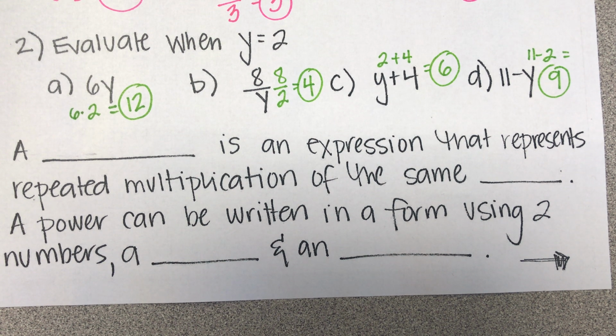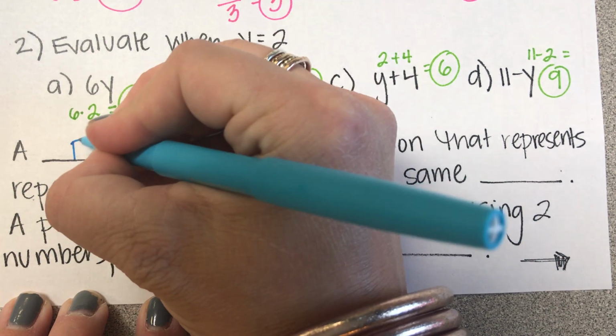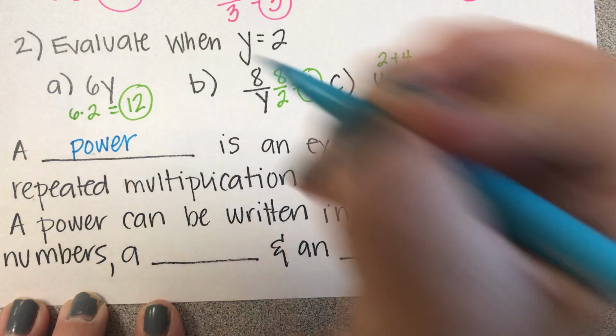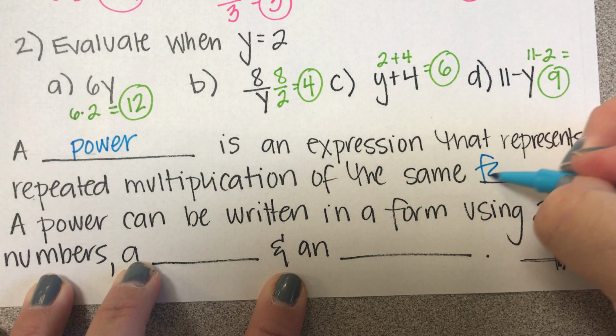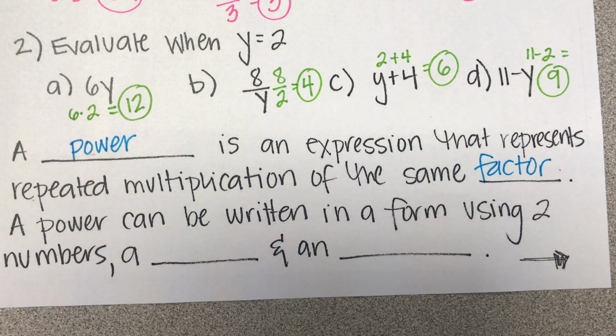The next definition that we're going to fill in is a power. A power is an expression that represents repeated multiplication of the same factor. So repeated multiplication: 2 times 2 times 2, or 5 times 5, or 8 times 8 times 8 times 8 times 8.